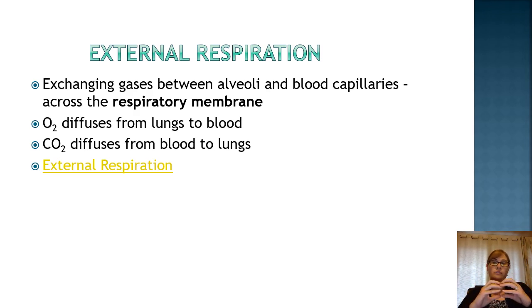We're taking oxygen from the lung and putting it into the bloodstream, and we're taking carbon dioxide from the bloodstream and putting it in the lung. The lung is then going to breathe that out externally, and that's why we call it external exchange. So oxygen diffuses from the lungs into the blood, and carbon dioxide diffuses from the blood into the lung and then out of the body.